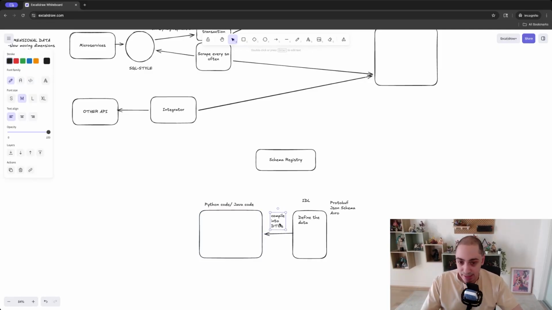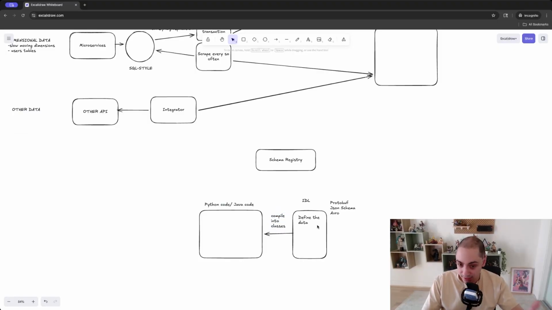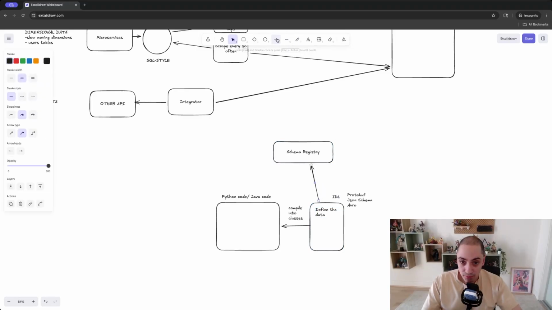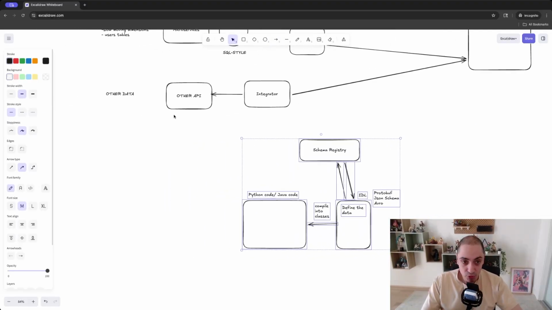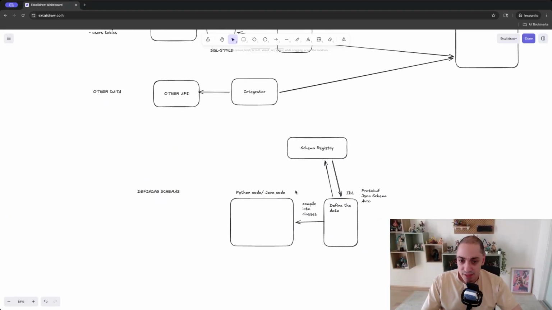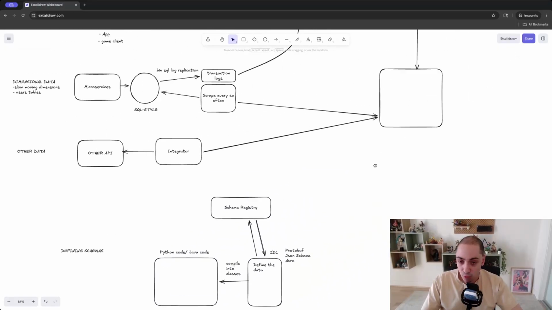It'll compile it into classes, that's the better word, into this code. And these IDLs are registered and pulled from the schema registry. So that's how this system here works. We'll call this defining schemas. And so this is an important step because you're going to want your schemas.